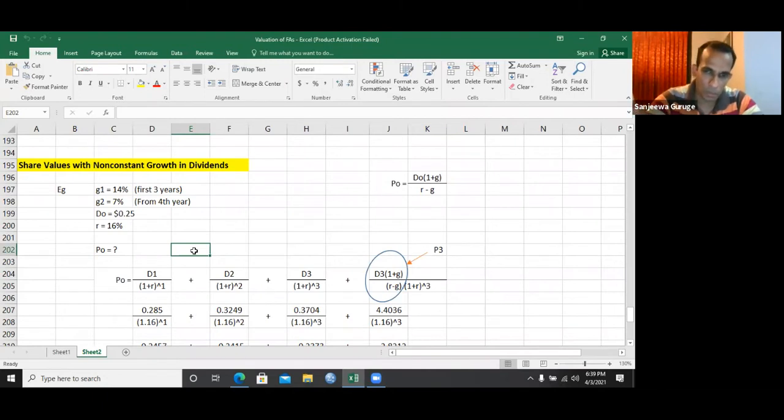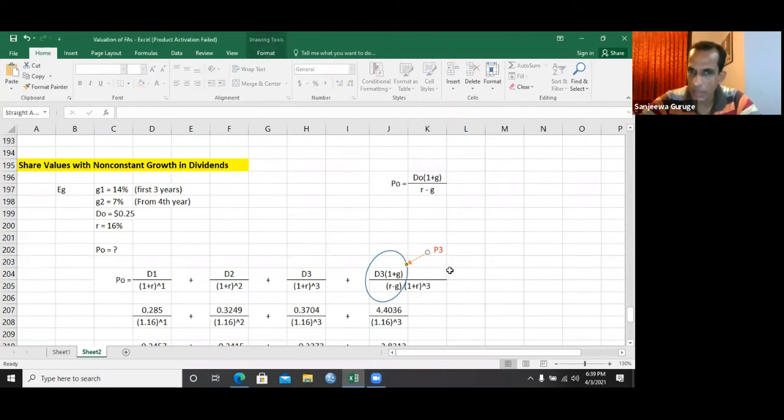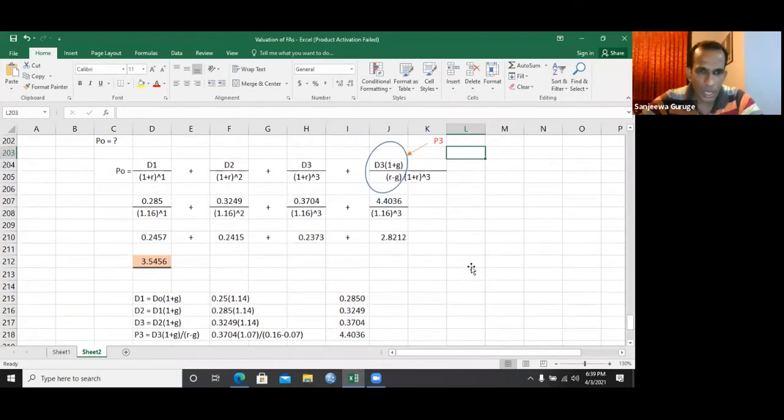When we apply the constant growth model to the fourth year, we get the price at the beginning of the fourth year, which means the end of the third year. So that's why it is P3. Based on that, we discussed how to calculate and estimate the share price.